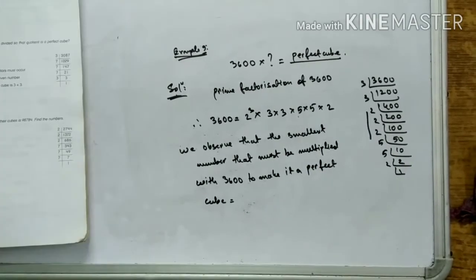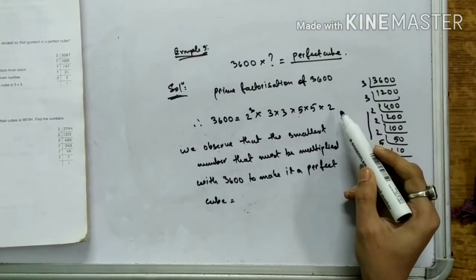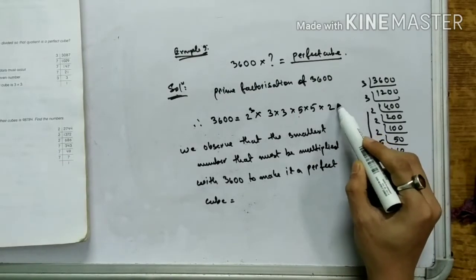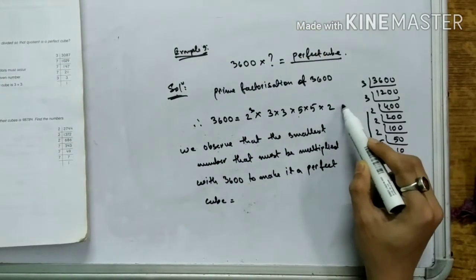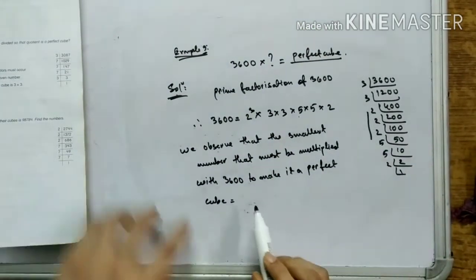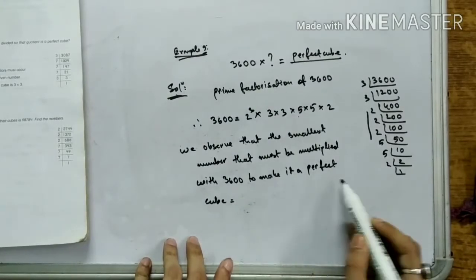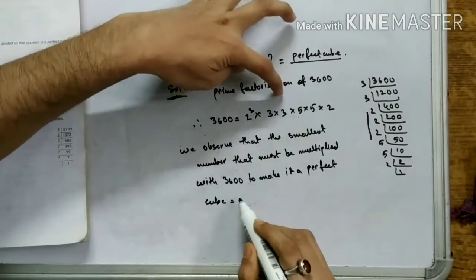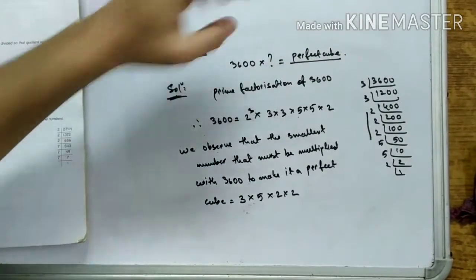And last, with this 2, to make a group, again I have to multiply it with two 2s. Yes, again 2 into 2. So therefore we observe that the smallest number that must be multiplied with 3600 to make it a perfect cube is 3 into 5 into 2 into 2.